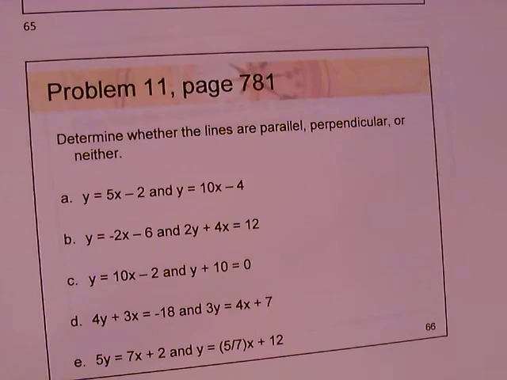And then finally, part E. Here we got 5y equals 7x plus 2. And y is equal to 5/7 x plus 12.